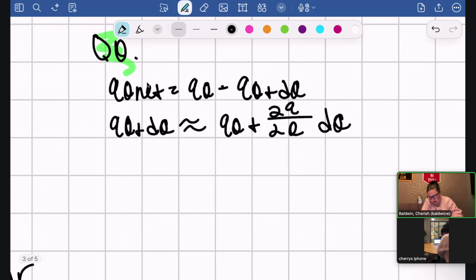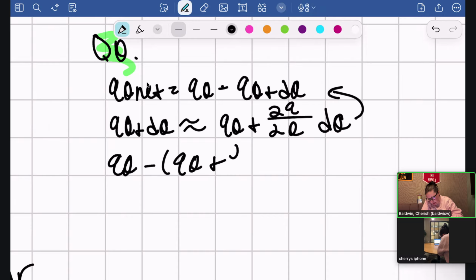Then you sub that in here, and you basically get Q theta minus Q theta plus the d theta, and these cancel out.